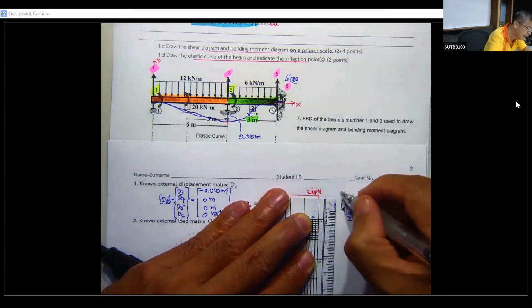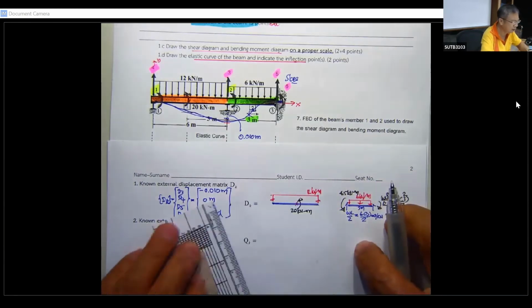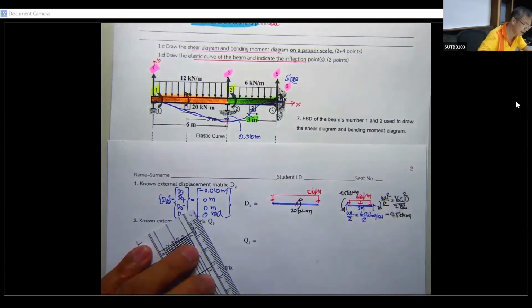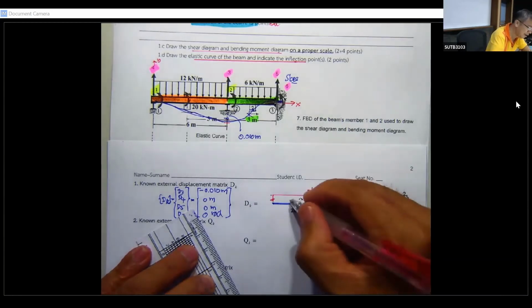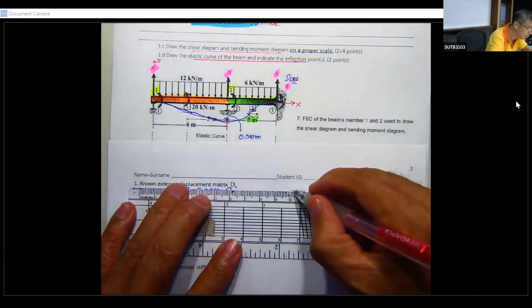So many times you don't need to put everything into your calculator. Just use your skill to do the computation.